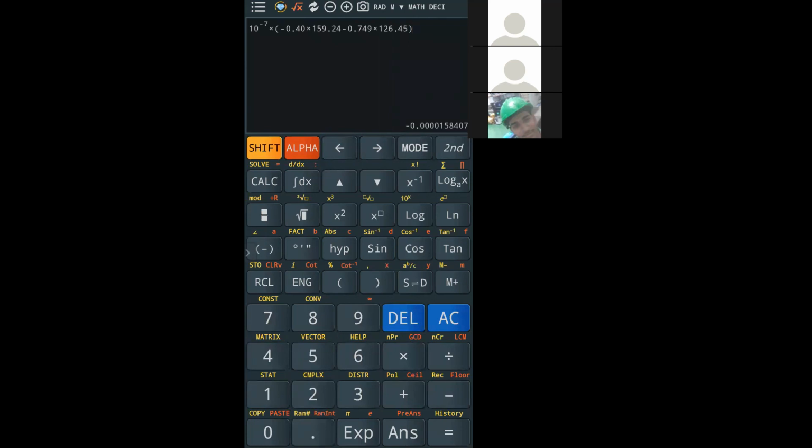So you're getting some value like minus 1.58 into 10 raised to minus 5 meter cube per second. So can I make it equal to minus 0.016 into 10 raised to power minus 3 meter cube per second? Is it okay?